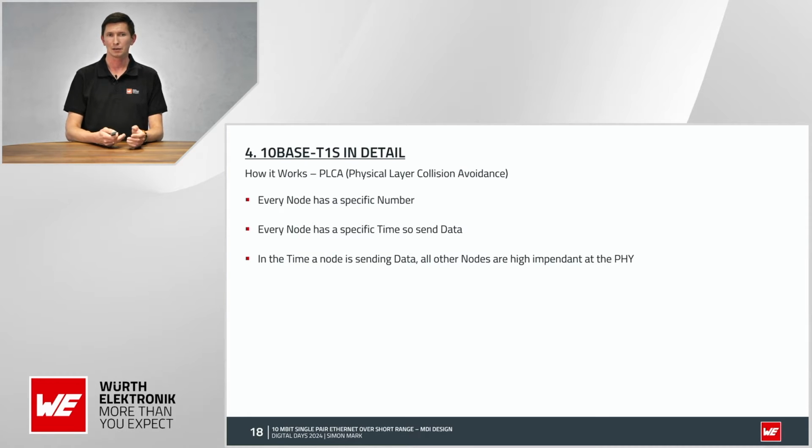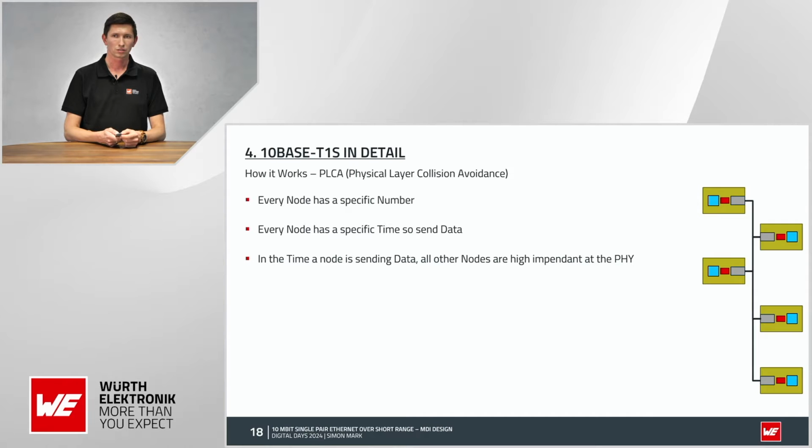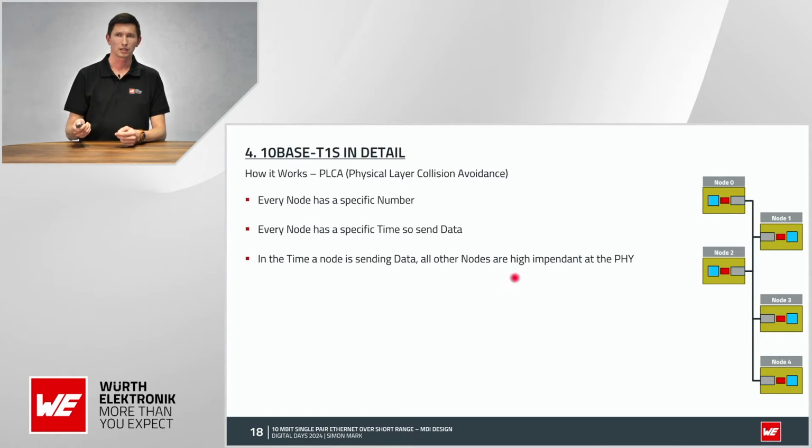While a node is sending data, all other nodes are high impedance at the PHY, so they are listening on the line and not disturbing the communication. Here on the right side we have a bus line, and every node has a number: node 0, 1, 2, 3, 4.